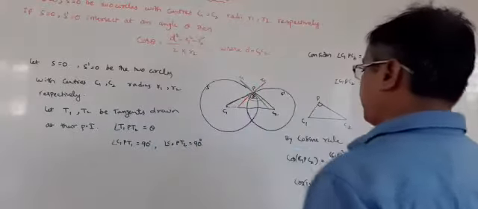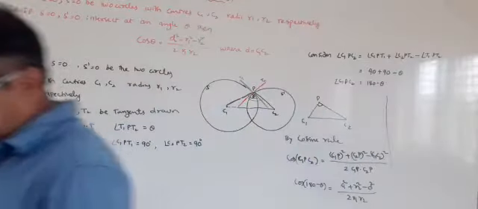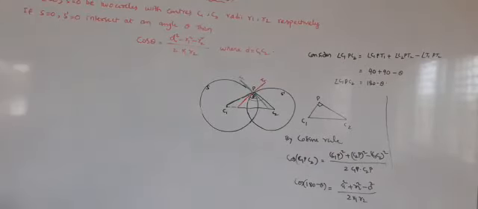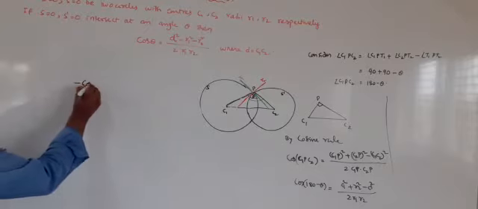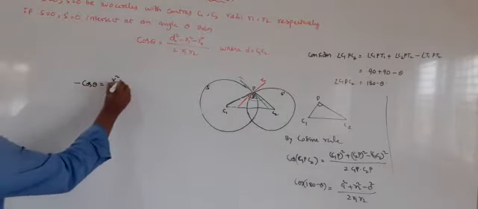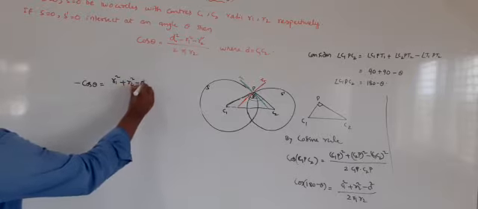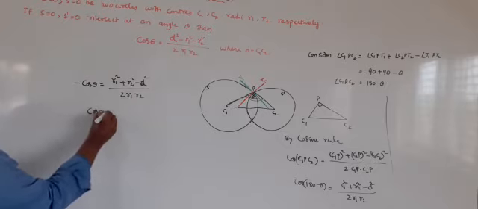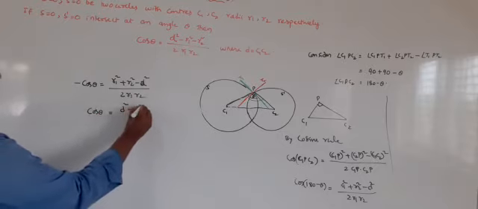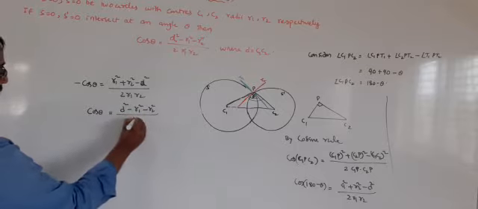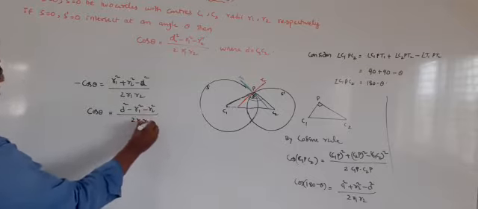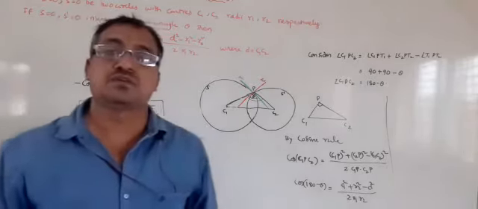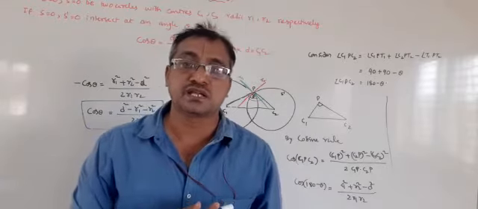So minus cos theta = (r1² + r2² - d²) / 2r1r2. So cos theta = (d² - r1² - r2²) / 2r1r2. This is the formula for the angle between two intersecting circles.